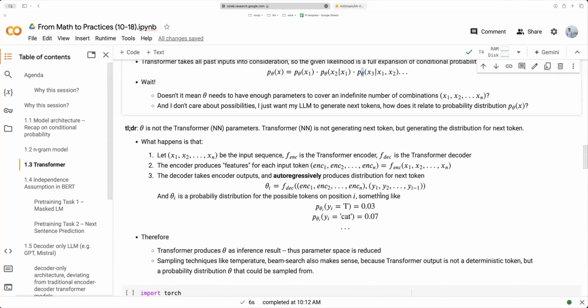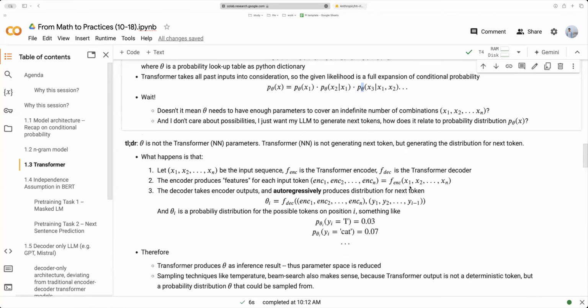So theta is not the parameters of the neural network, meaning that theta is not the weights of the model. That's right, theta here is not the weights of the model. Okay, so whatever kind of neural network we're using, transformers or LSTMs or whatever, how do the weights then relate to theta?